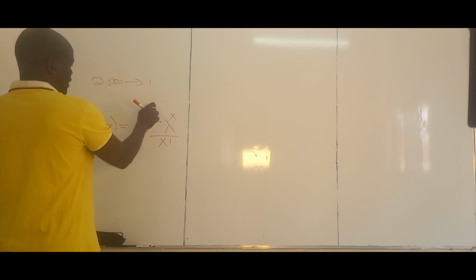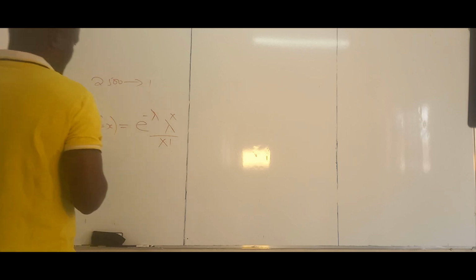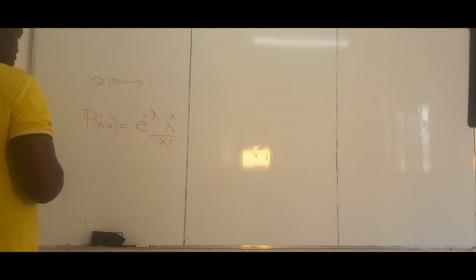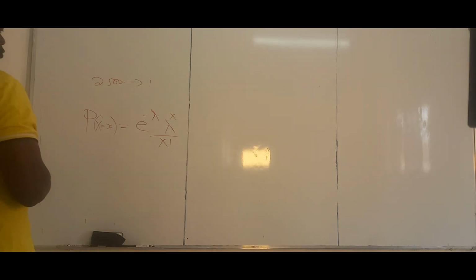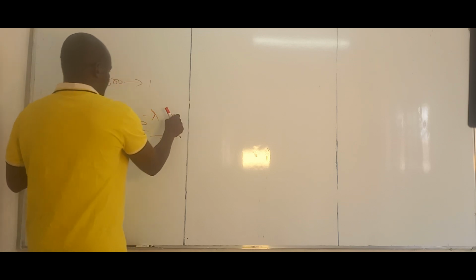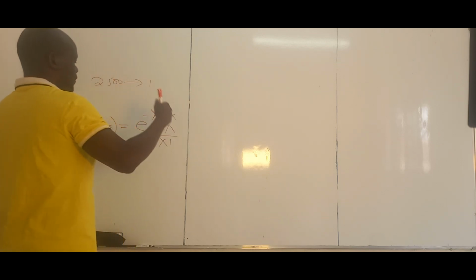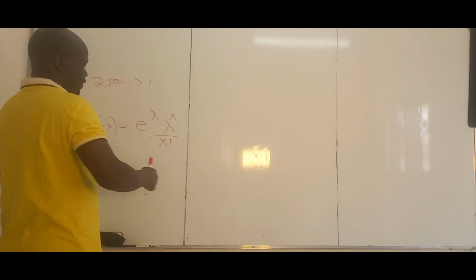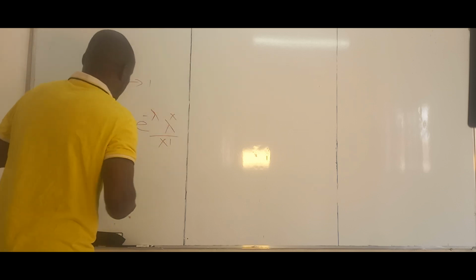So lambda here just implies the mean rate of observation of interest, and x will consider the counts, whether first, second, third, etc., up to n.